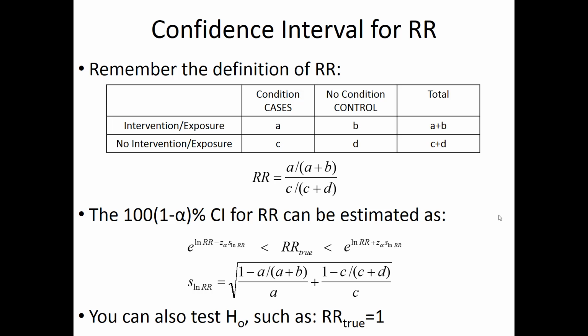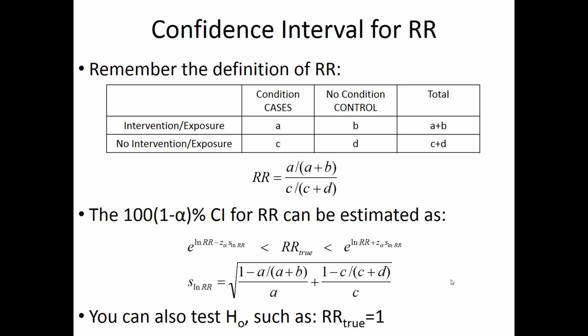The confidence interval can also be determined for relative risk. If you recall, the definition of relative risk is the number of cases over the total divided by the number of cases over the total between the two groups of exposure or intervention or no exposure. The 100 times 1 minus alpha percent confidence interval for the relative risk can be estimated as follows, where we now need to take the exponential of the log relative risk minus the z alpha times the standard error, where this standard error is defined as such.